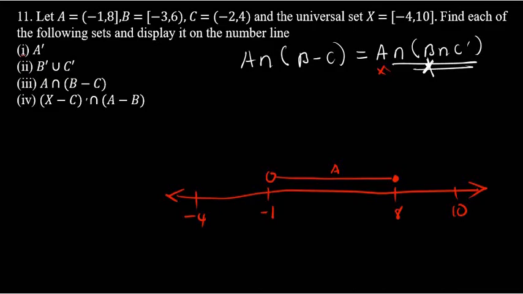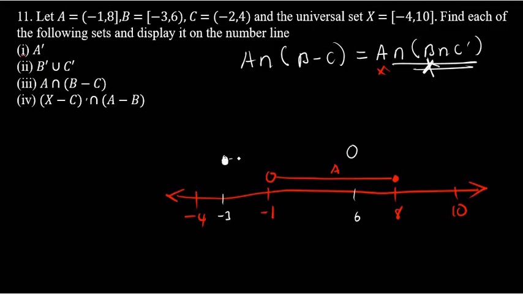Okay. Now, how about our B? Let's go to B. Our B, -3 is included. Then 6 is not included.